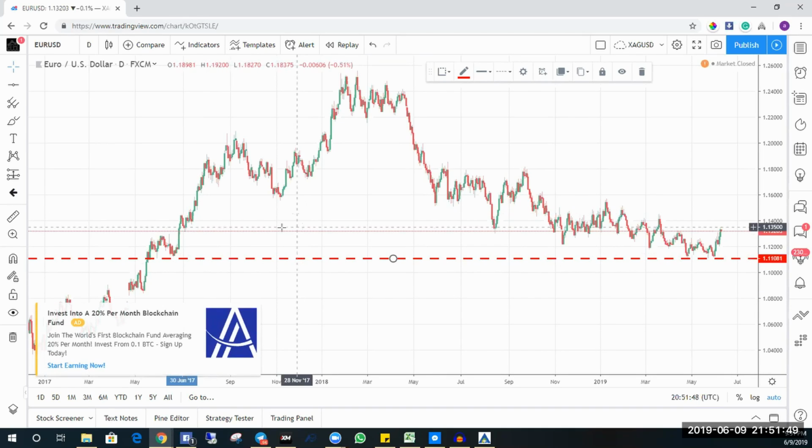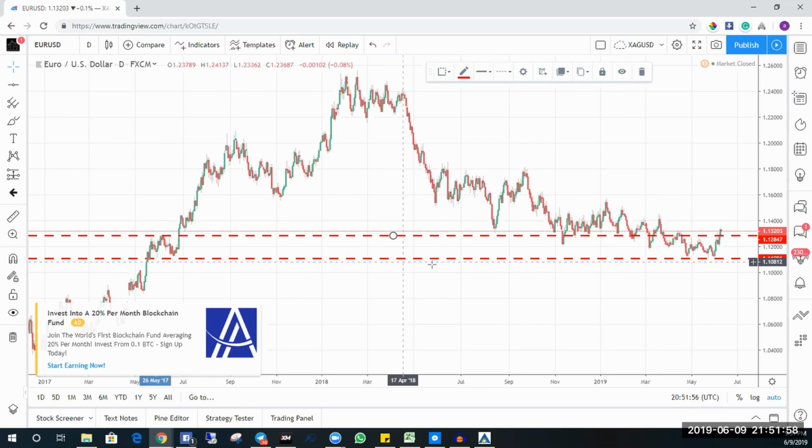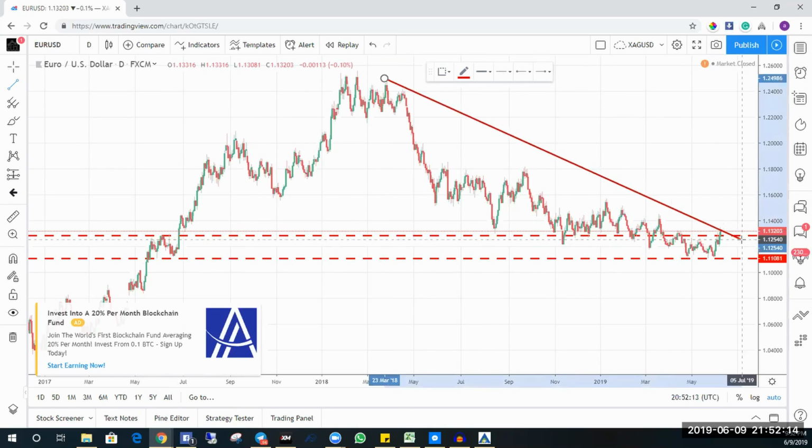Okay, so we are definitely seeing a breakout above this level here. We have some sort of breakout from a very strong demand zone. Look at that. Also you can see this downtrend has been here quite a while.